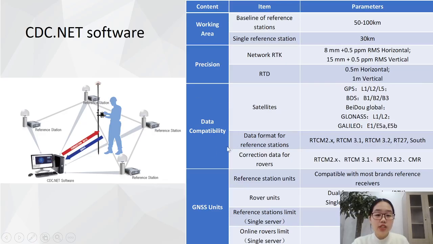Next is data capability. For satellite searching we use GPS, BeiDou, GLONASS, Galileo constellations and frequencies. Data format for the reference stations: RTCM version 2, version 3, also RT27 and some manufacturers' formats.